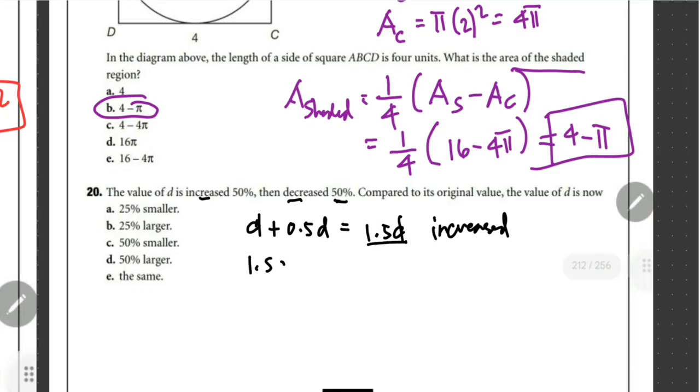So that is 1.5D minus 50% of it. 0.5 of this one, 1.5.